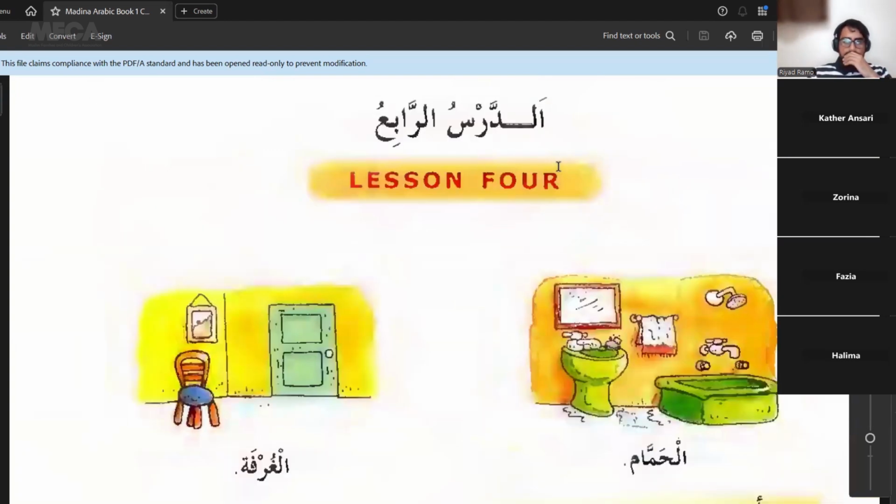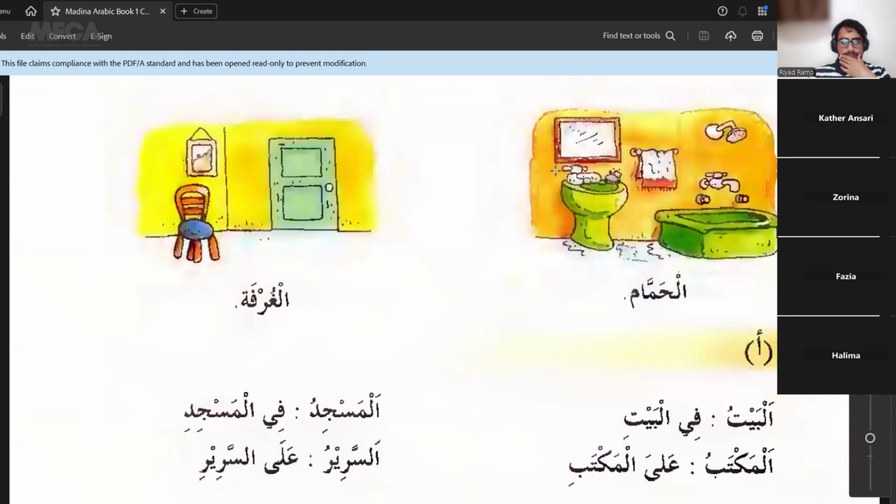Okay, so lesson 4. Now, lesson 4, we're talking about prepositions. In, on, what else? At, right? From, on, where? All these prepositions, we're talking about it now. So whenever we add a preposition, it's very important. This is the key.